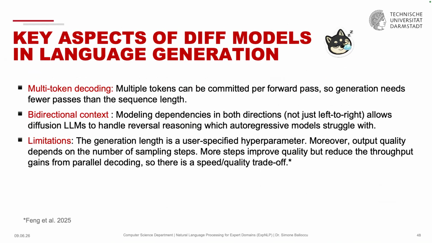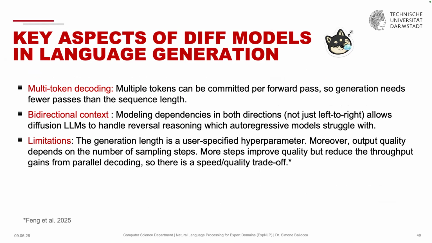Now let's talk about the advantages, the key features, and the limitations of diffusion LLMs. A cool advantage that they have is that they can generate tokens in groups, so the generation does not need to happen at the sequence length.